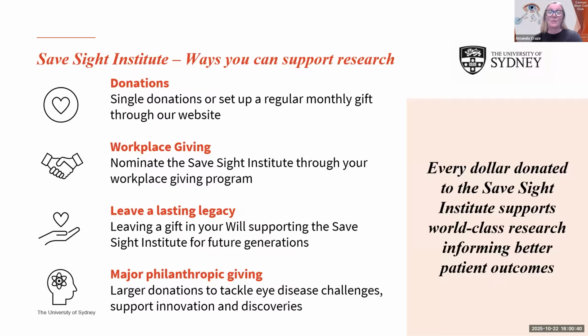And if you have capacity, a larger philanthropic gift can help secure sustainable funding to tackle some of our biggest eye disease challenges. Every dollar donated to the SafeSight Institute supports advances in diagnosis and treatments, and brings us closer to a cure, and also benefits our global community through this incredible research.